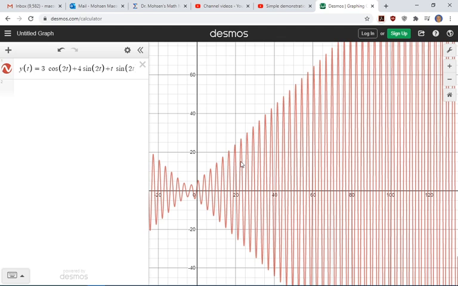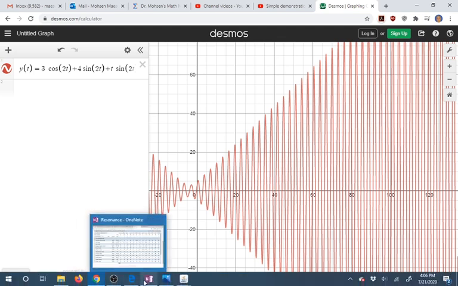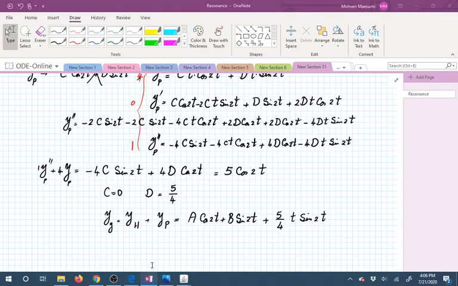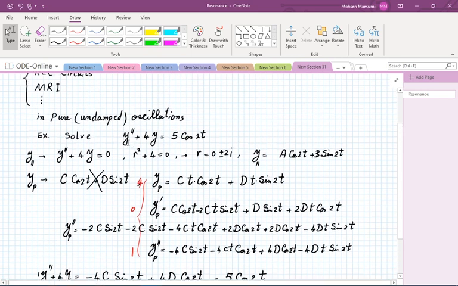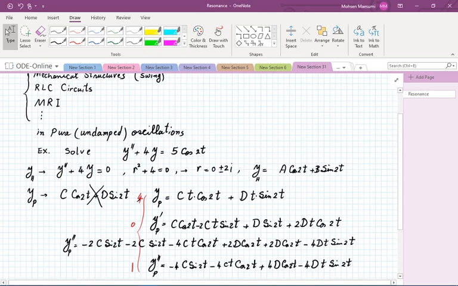Now most physical systems do have friction in them. There's always a y prime, because in most systems there is some drag force or friction, and you can't have that kind of pure resonance.